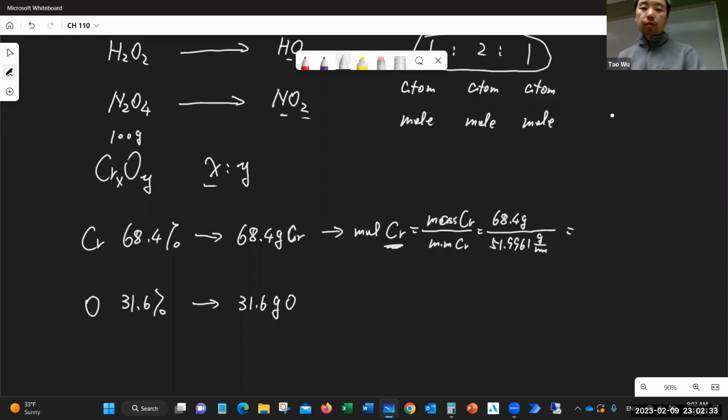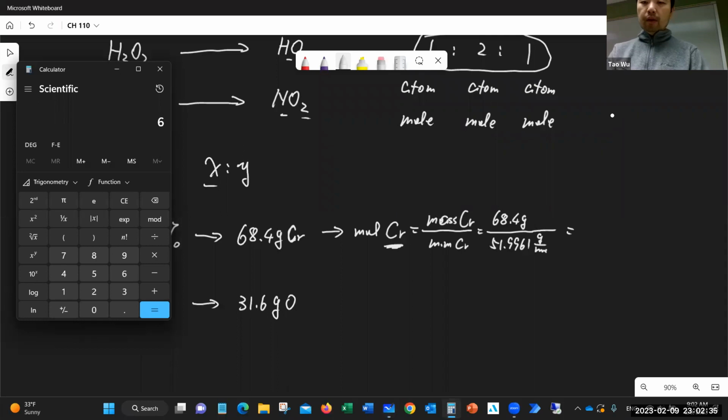Okay, so now you got this. Let's figure out 68.4 divided by 51.9961. And we got this. And to be honest, when you do the empirical formula questions, I recommend you keep 4 decimals. Then you will have a better calculation of ratios.